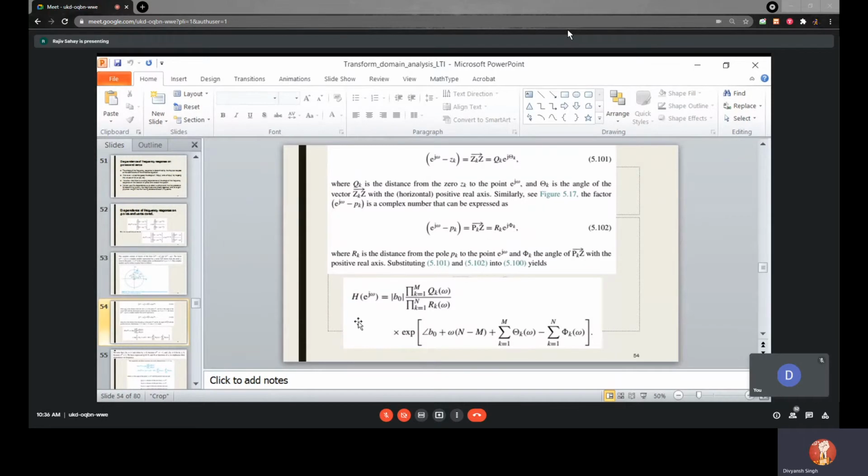This formula is the important thing. All of you are able to see?